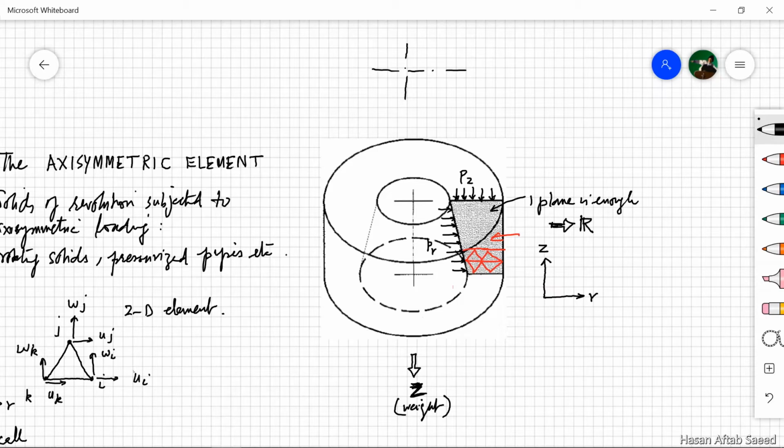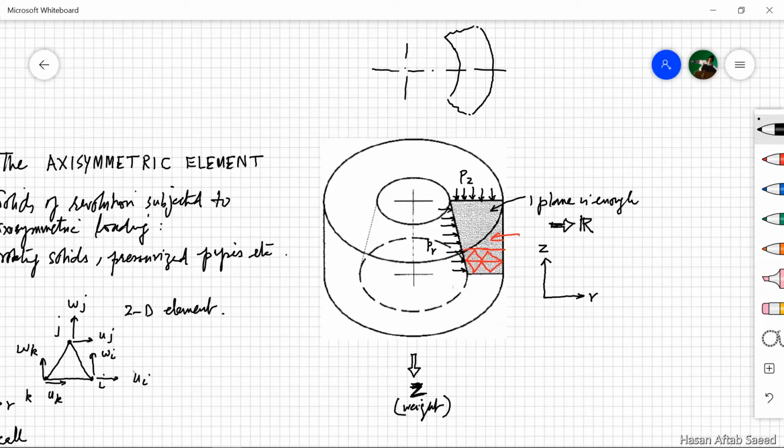Looking from the top, we have this inner diameter, and you have the outer diameter, and it goes on around 360 degrees.